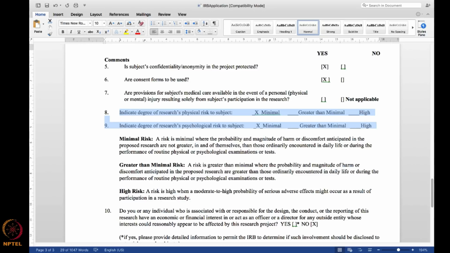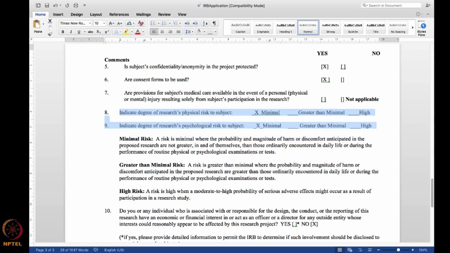What is the risk level that you're putting the subjects into? Subjects are going to have only minimal risks just by looking at emails, whereas they may have high risk if you're going to give them, let's say, a tablet or medicine and study what is happening inside the body.